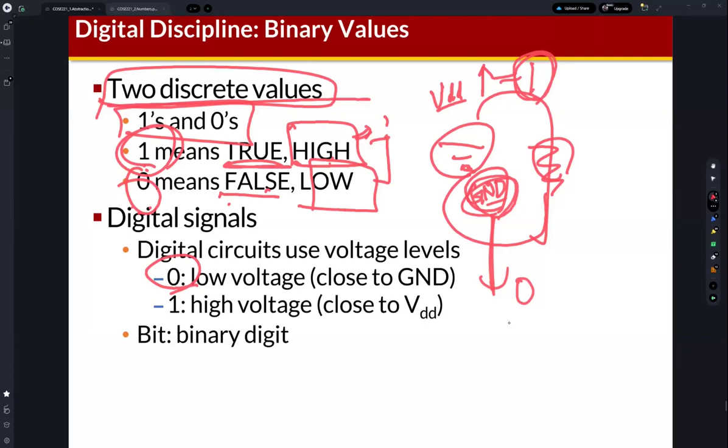Even though the voltage level is an analog signal, we can understand it like this. If the voltage level is high, this is 1. If a voltage level is low or ground, near ground, then this is 0. This is the digital abstraction.